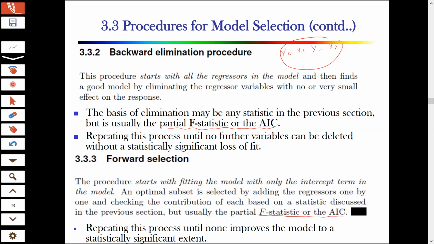So this is the opposite one. It will include only the X0 intercept model, and then it will include X1. If it is good, it will keep it there, and then it will include X2 if necessary. So one by one it will include variables in the model, repeating this process until none improves the model to a statistically significant extent.